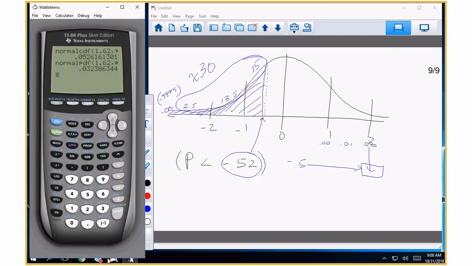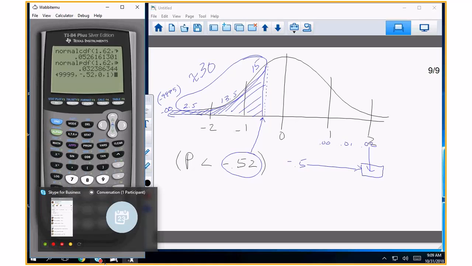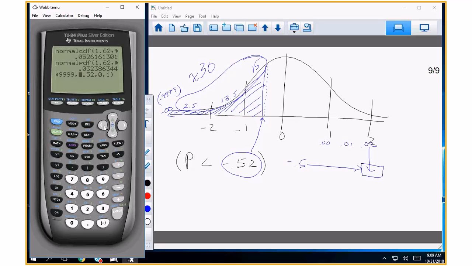0.03. Okay. 1.62, that was from the last one, you never did it. Oh, I'm sorry. Second, enter. Okay, so did I type it in right? I got 0.3015.